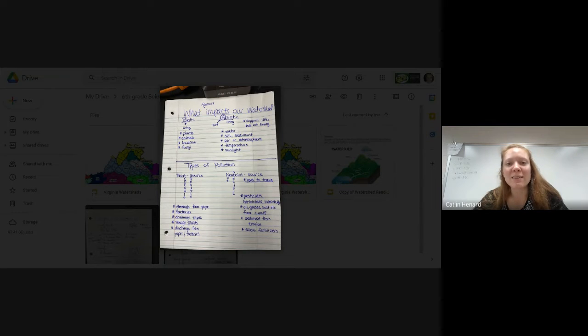Again, bio means living. So abiotic are the things that are not living, but they support life. So looking at our list, our biotic factors are plants, animals, bacteria, and fungi. Our abiotic factors are water, soil, sediment, air or the atmosphere, temperature, and sunlight.